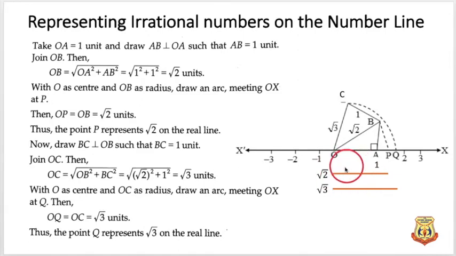This orange line indicates the length OP, which is the length of root 2. You will simply write: OP is equal to OB is equal to root 2 units. Thus, the point P represents root 2 on the real line.